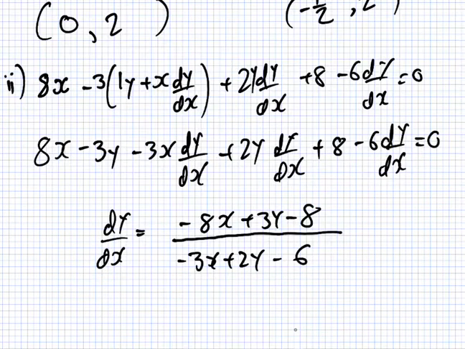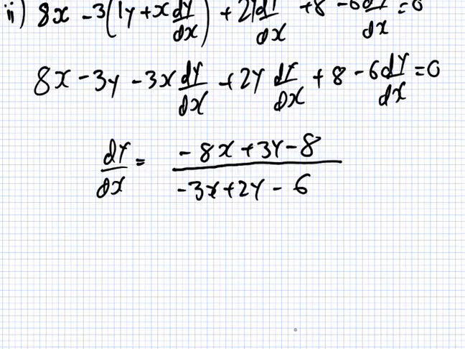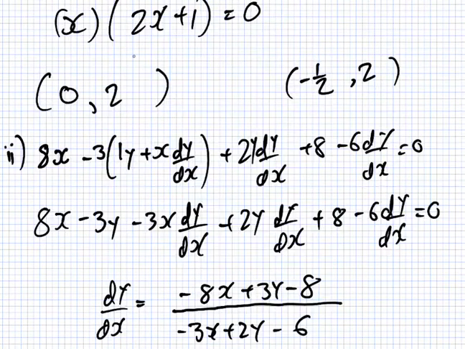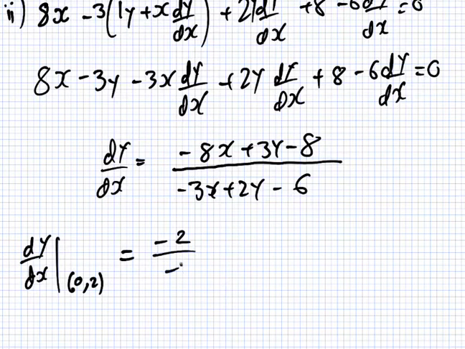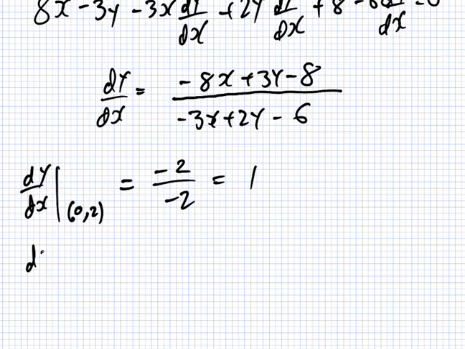And now we plug in our two answers. So my first, I'll call this answer A, and I'll call this one here B. Okay, so what was the point for A? 0, 2, was it? Okay, so if I put in 0, 2, 0, 6 minus 8 is minus 2, 4 minus 6 is minus 2, so I got 1. Now what's my second point B?